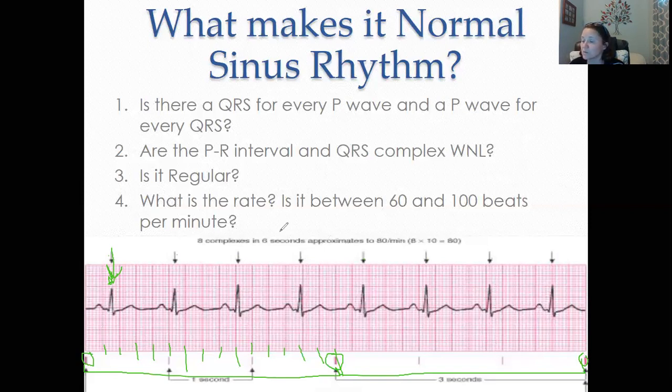We multiply our number of complexes in a 6-second strip by 10, and that will give us our rate. So in this case, 8 complexes in 6 seconds approximates to 80 beats per minute. So that is one way that we can count the rate.